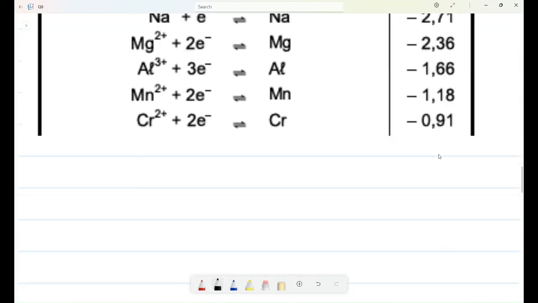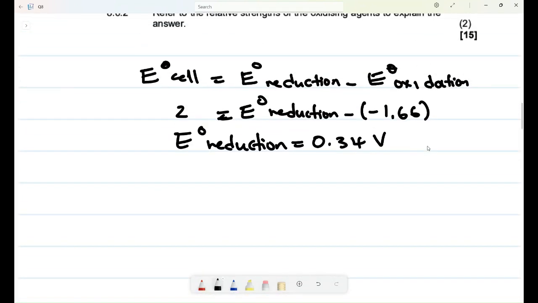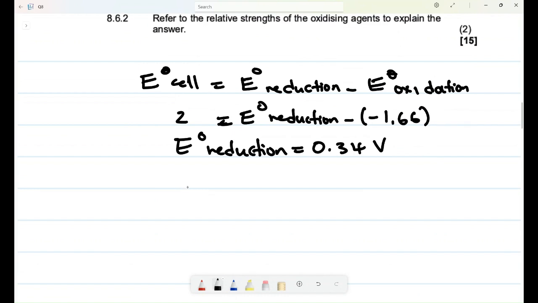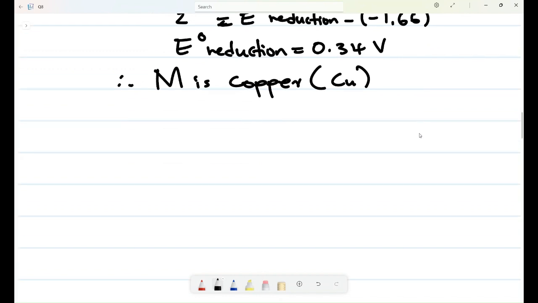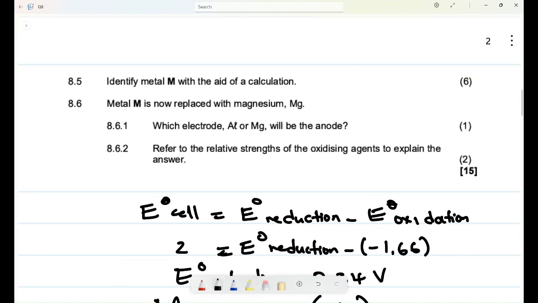So you'll realize that M is copper. And this copper, it is copper 2 plus. Okay, yes. So now let's answer other questions. M is now replaced with magnesium.